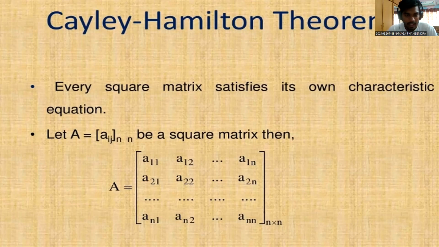Let A equal aij of order n be a square matrix, then we represent the square matrix in this manner, where n by n is the number of rows and columns, and aij are the values of specific elements.